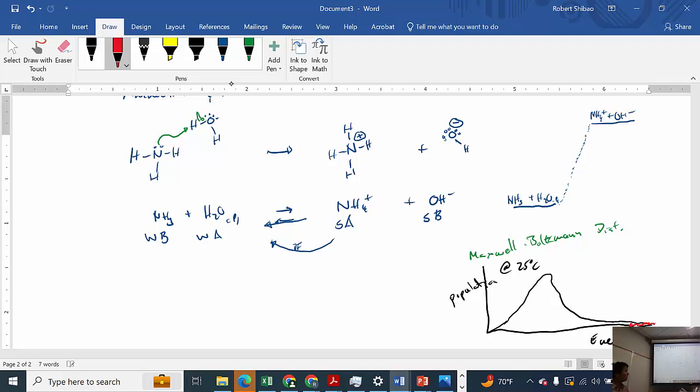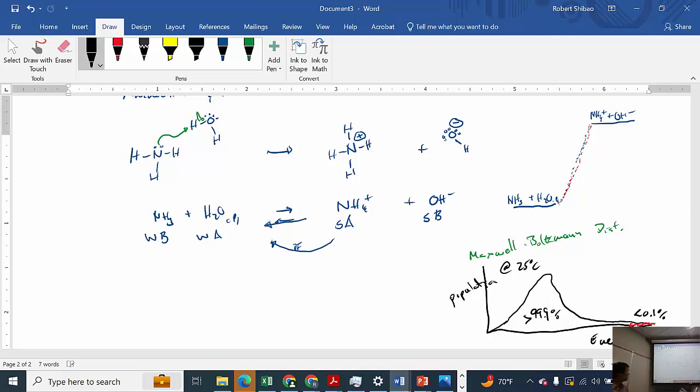And so let's look at this high tail. These ones are going to have enough energy to climb the hill and make it here. Now, what percentage is that? Well, it turns out this is going to be like 99.9% of the population, greater than 99.9%. And this high energy tail is going to be less than 0.1%.